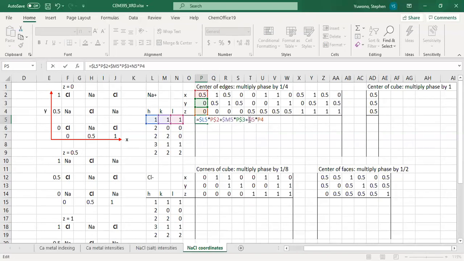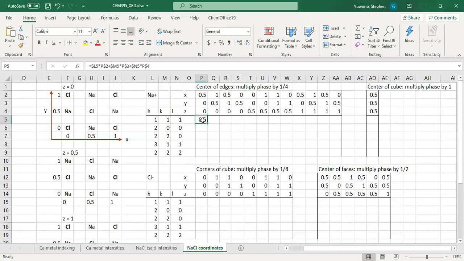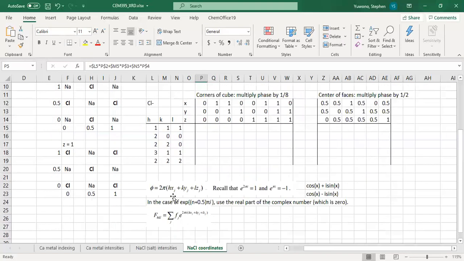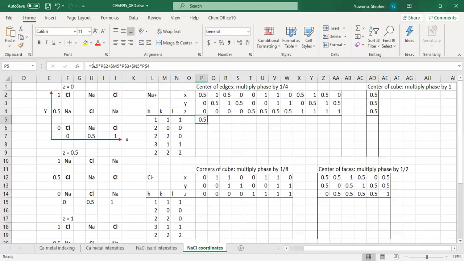If we set this up properly, we will be able to just do this without much complication. Now, because we want to know whether it's going to be an even or odd number multiplying pi, we should also multiply this whole thing by 2. So we know it's going to be this number that we have in the table multiplying pi i, right?